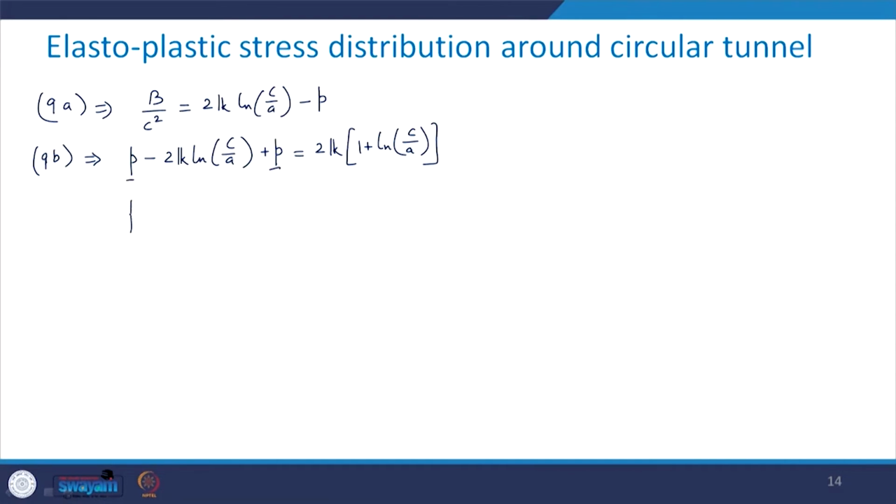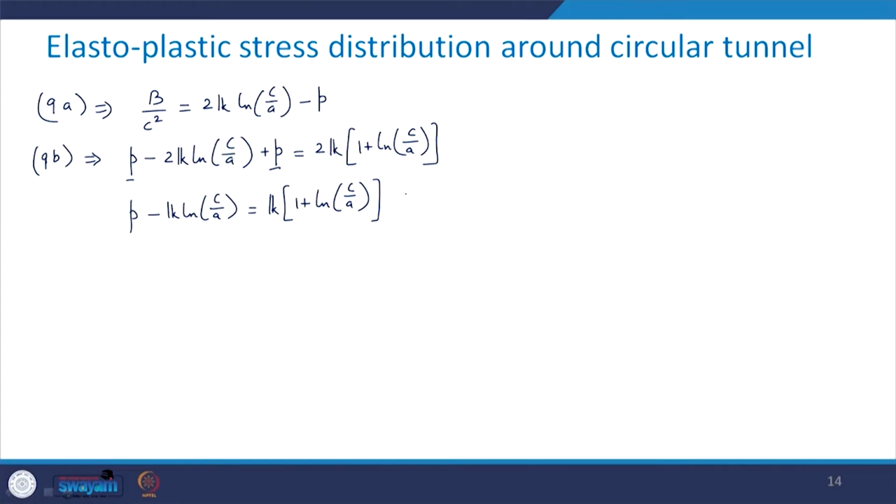So, ultimately we will have P minus kappa ln C upon A is equal to kappa 1 plus ln C upon A.